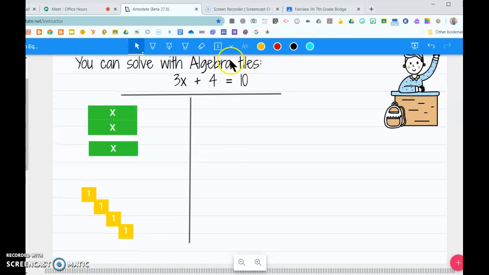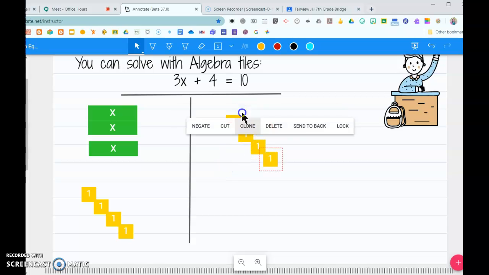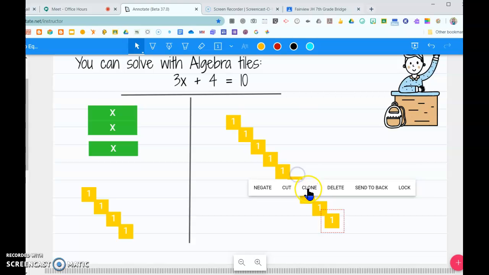And then on this side, we're going to need these 10 individuals. Currently, none of them are negative, but if I needed them to be negative, I would hit this negate, and it would change it to a negative. But currently, I'm just trying to make 10 of them. 6, 7, 8, 9, 10.